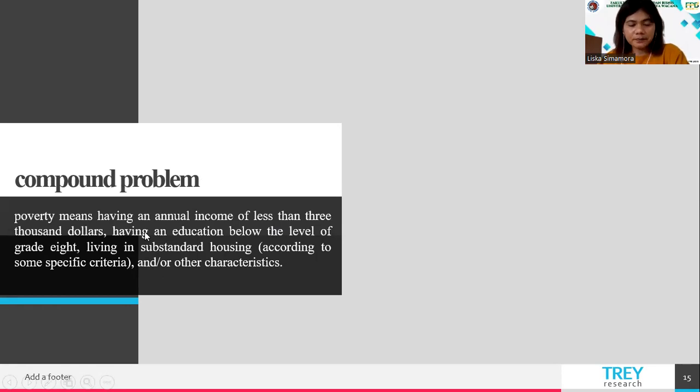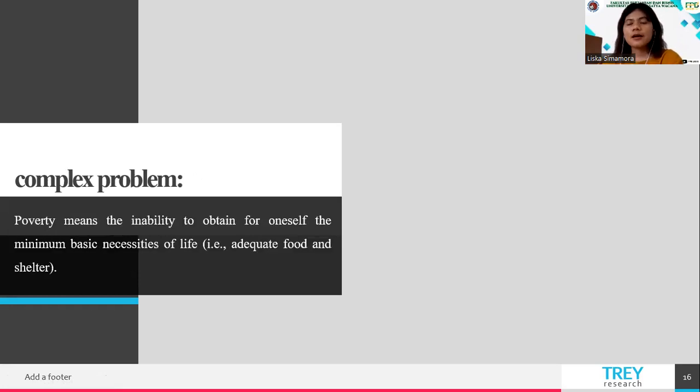For example, we can calculate the annual income. We can also calculate the education level. We can also calculate the housing standard. Okay, so I think it becomes clearer now. So for the next level, let's define poverty according to complex problem.